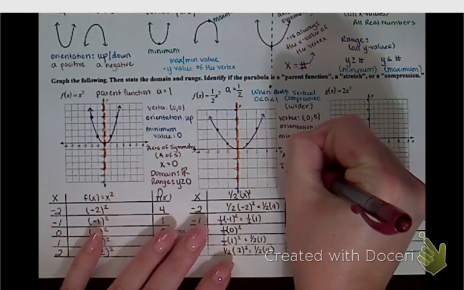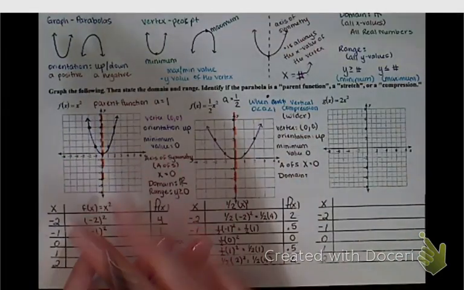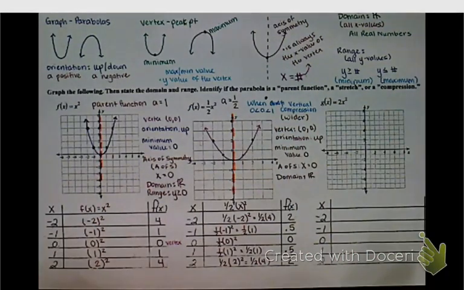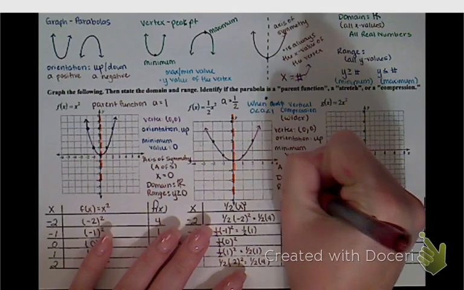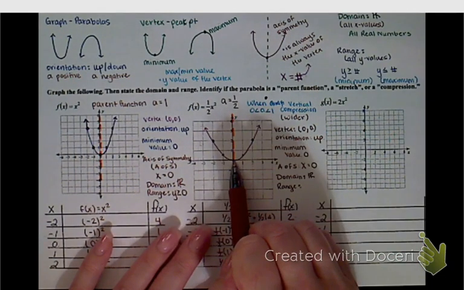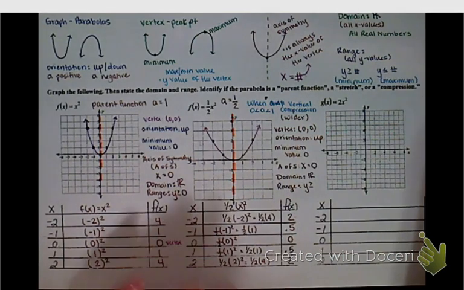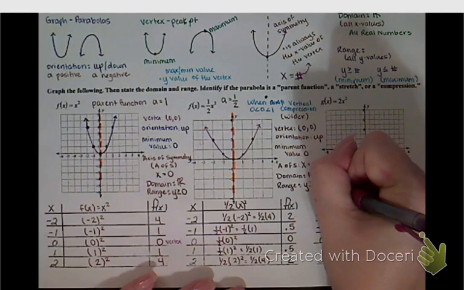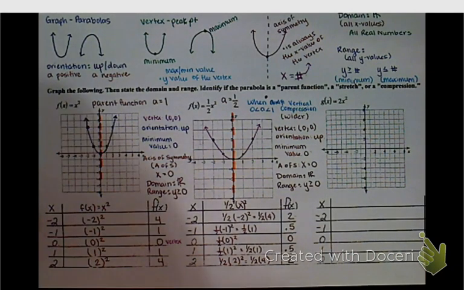I have a domain, and for quadratics, for our purposes, for all of these, our domain is going to be all real numbers. And my range, so I have a minimum value, everything increases. So it's y is greater than or equal to that minimum value, which is 0.